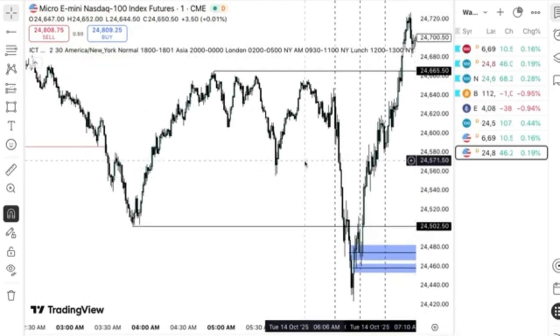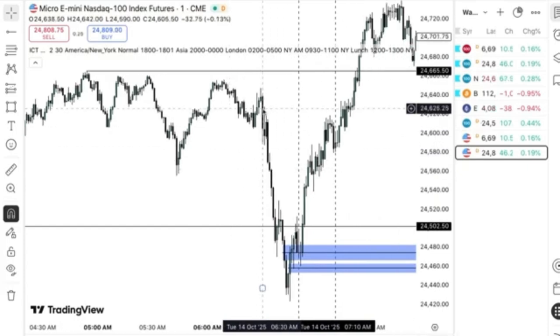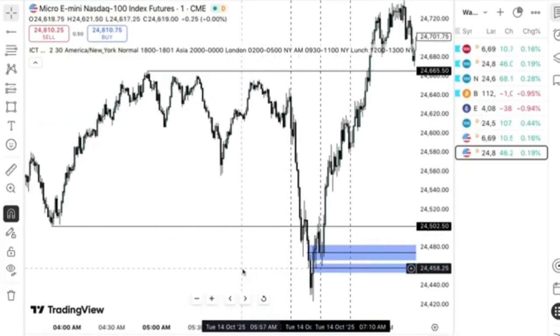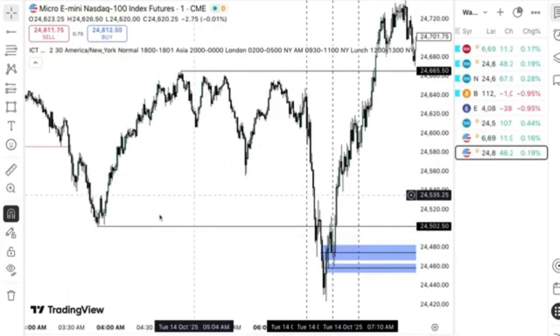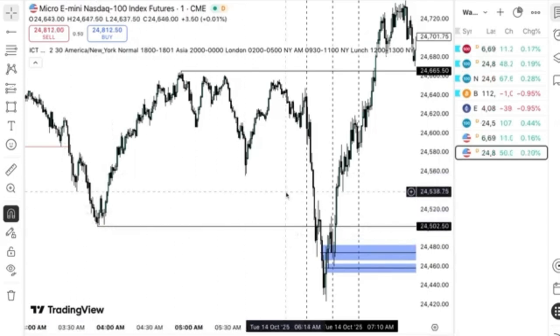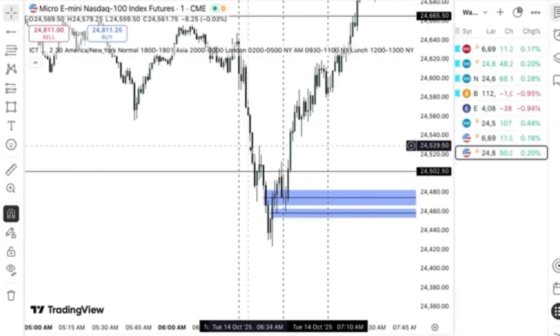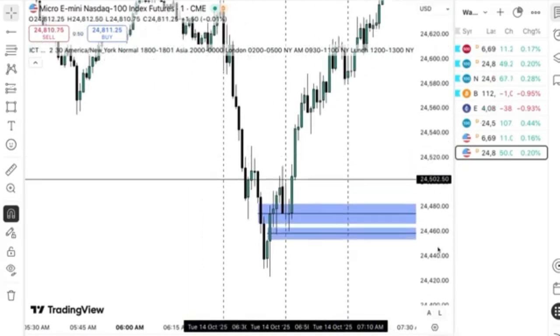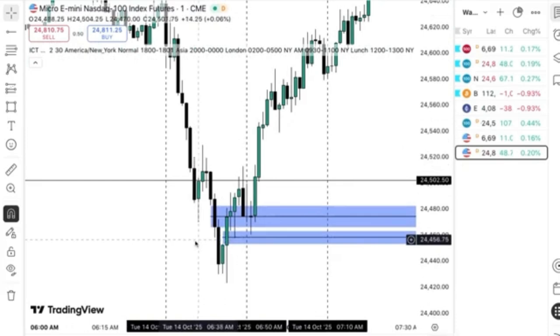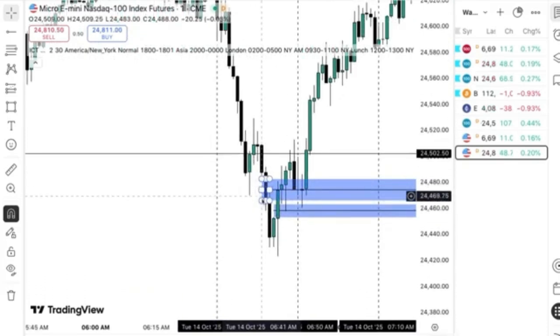And then as soon as market opened, we saw price run down and run these pre-market lows right here. This one and this one. And after that, I wanted to see a sign of price wanting to reverse. So basically I have this fair value gap marked out right here.